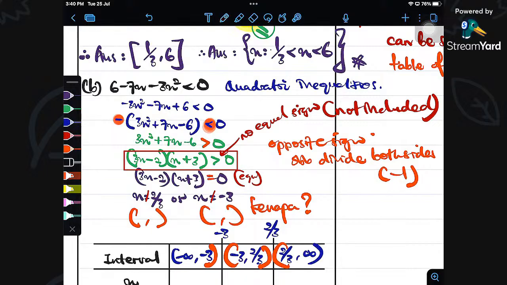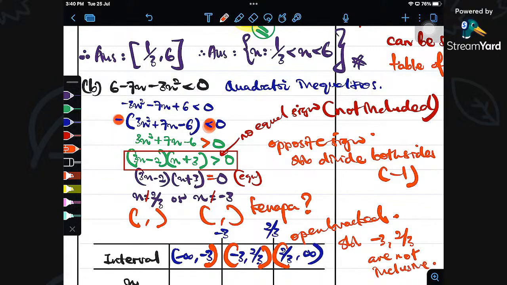Both numbers, untuk quadratic inequalities, both numbers are not included. Therefore, everything here is open bracket. Open bracket sebab negatif 3 dan 2/3 are not inclusive. So dah faham lah.